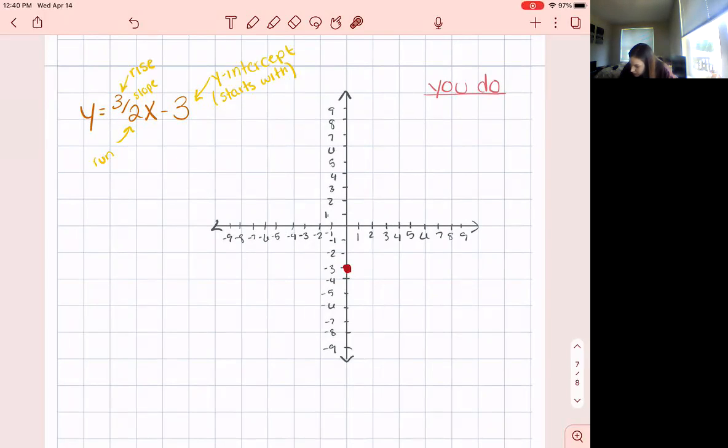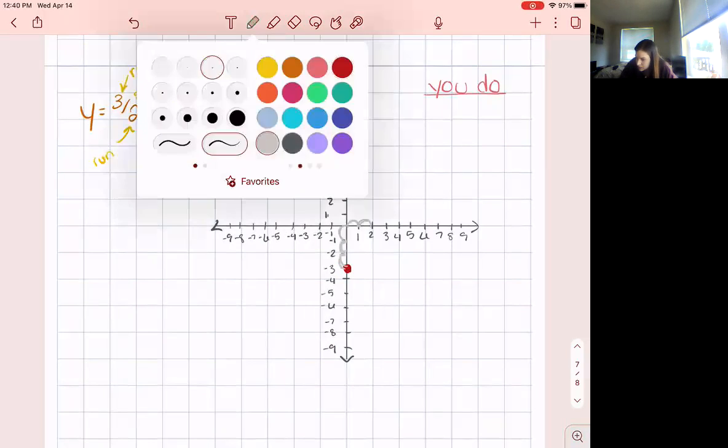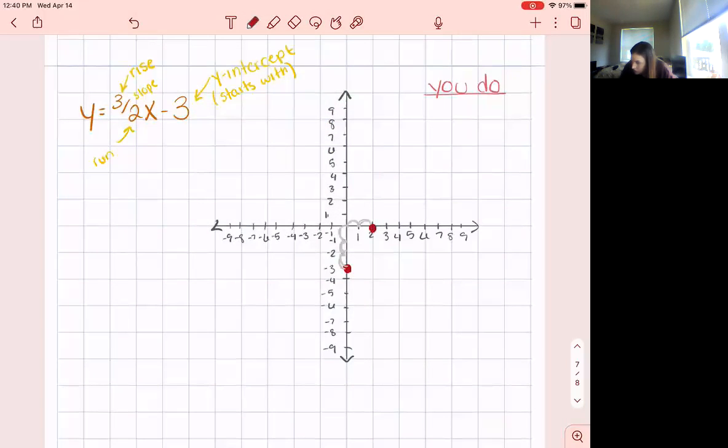So from that dot, I need to go up 1, 2, 3. And I need to run 2. So I'm going to go over 1, 2. Put my next dot right there. When you connect them, you should get a nice little growth triangle.